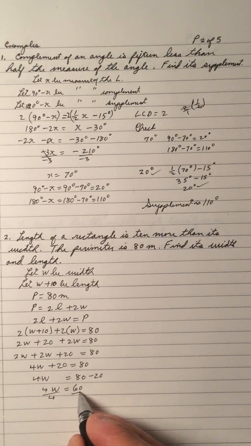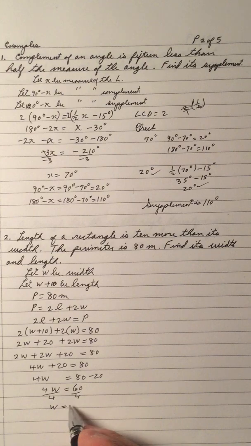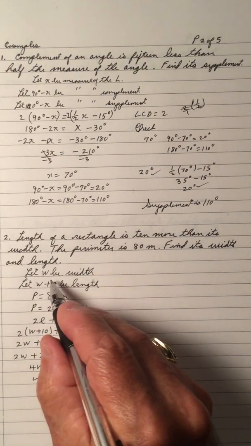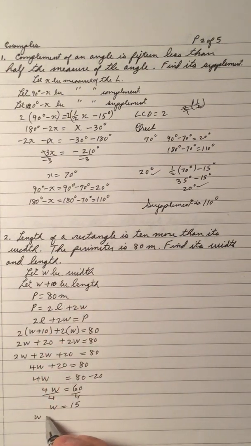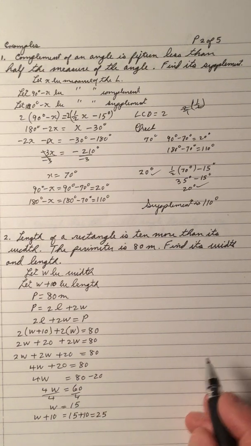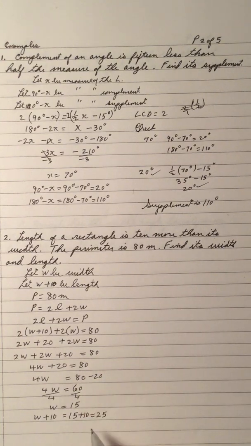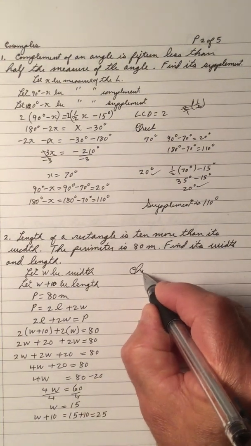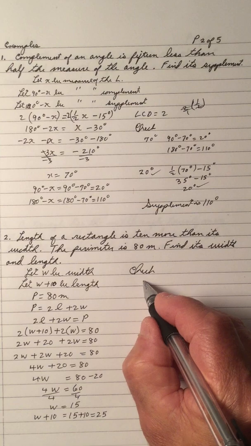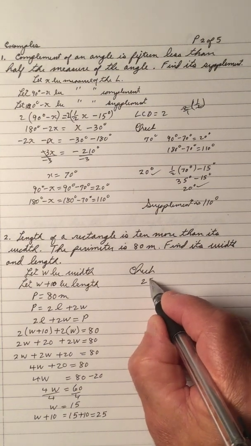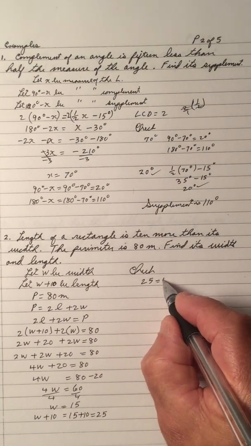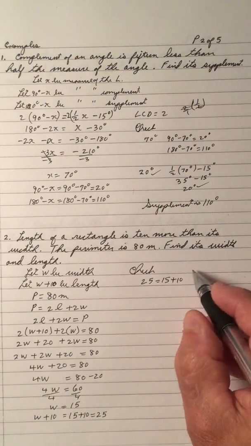And divide by 4, W becomes 15. So W is 15. So W plus 10 is the length. So that's 15 plus 10 is 25. Now, are we right? So let's check. The length is the width, which is 15 plus 10, correct?